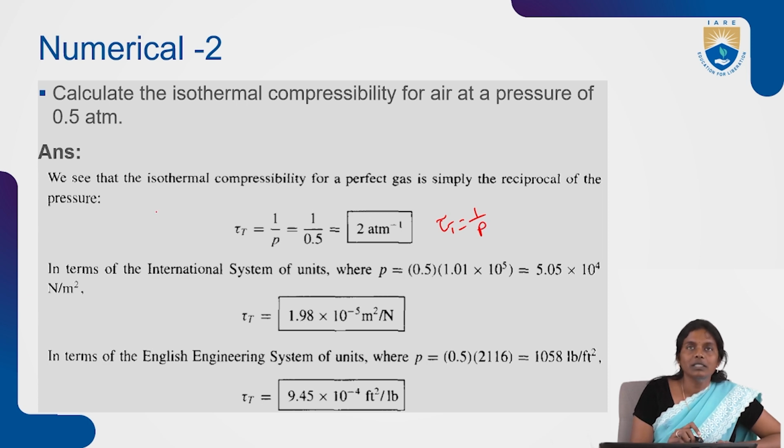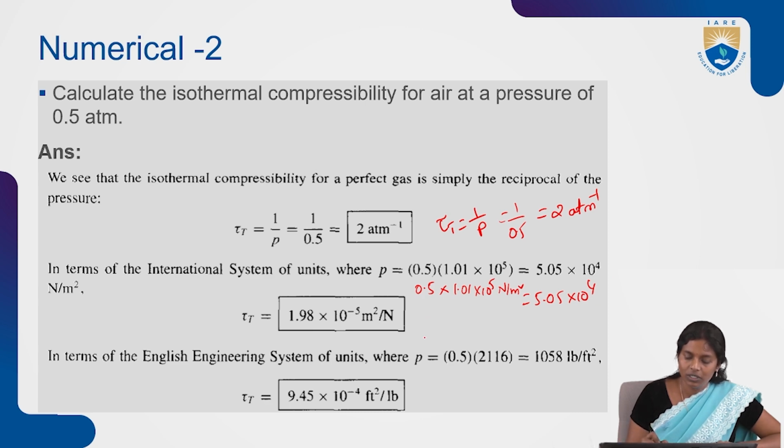So what we are asking is to find the isothermal compressibility for air at pressure 0.5 atmosphere. So 1 by 0.5 equals 2 per atmosphere. Now from the international standard of units, P, what can we write? 0.5 atmosphere is 0.5 into 1.01 into 10 power 5 Newton per meter square, which is nothing but 5.05 into 10 power 4.